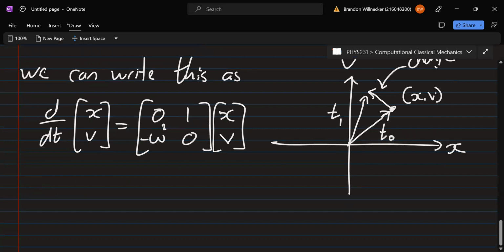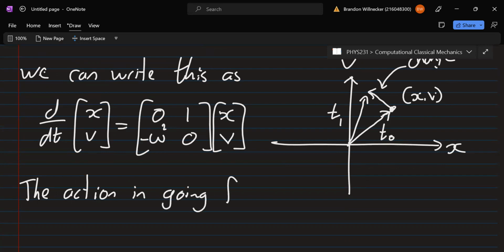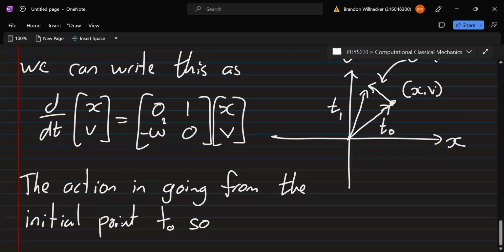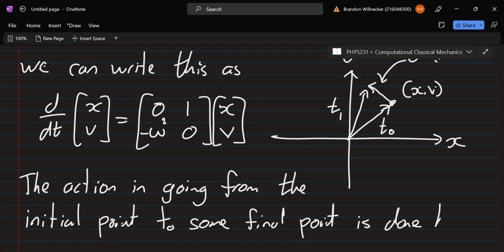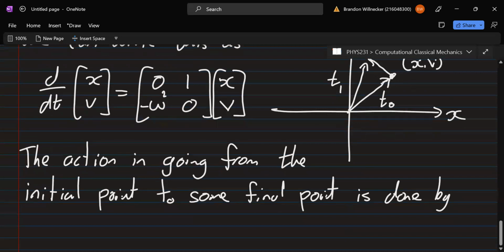Okay, so the action in going from, let's say, the initial point to some final point is done by this matrix multiplication.